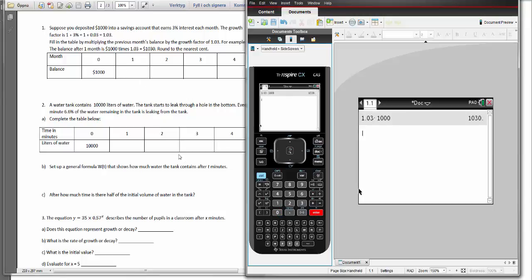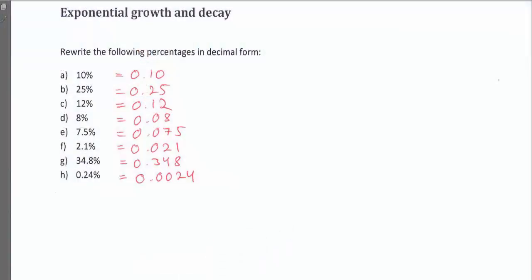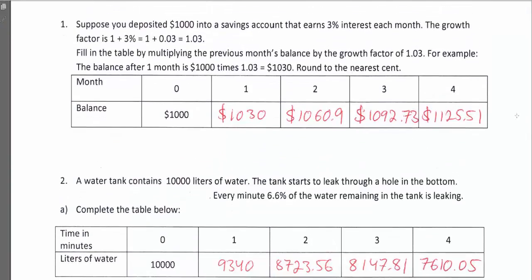So here we have to write 1,030. And in the solutions, you can see that's what we put here, 1,030.